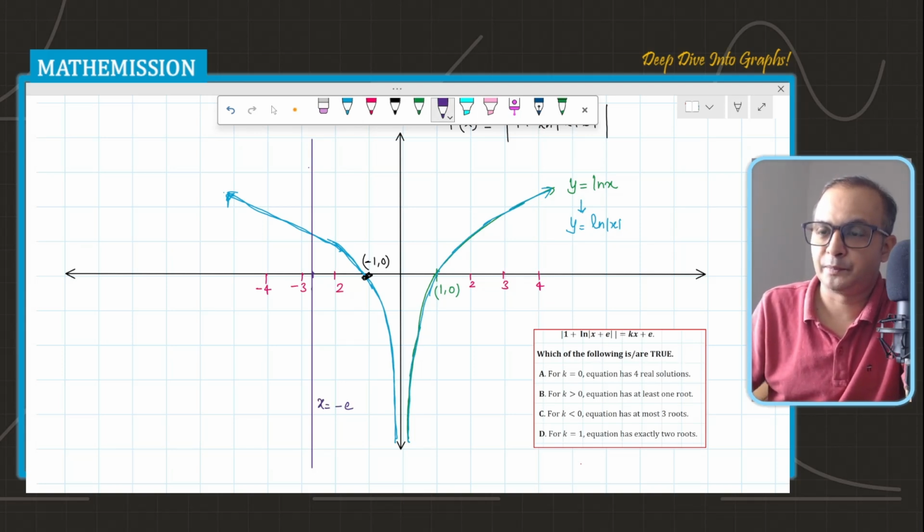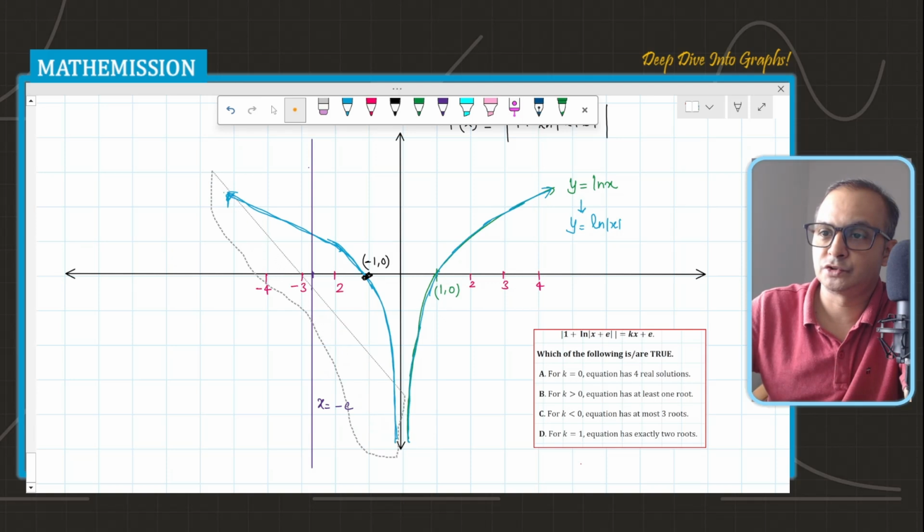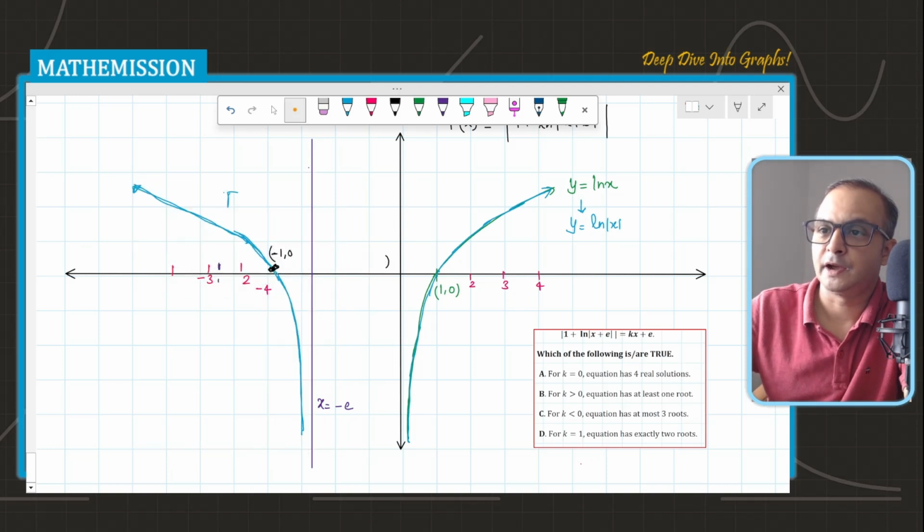Now I have to replicate these two branches, what we see here and here, around this x equals to -e. So I want to shift this entire graph to the left of this. I have shifted this part, and I'm also shifting this entire portion here.